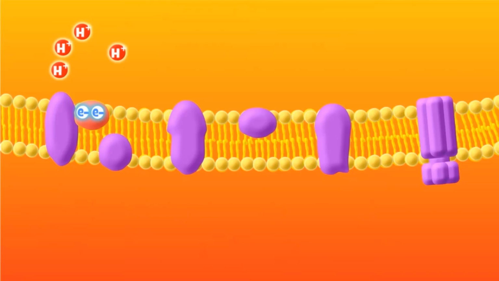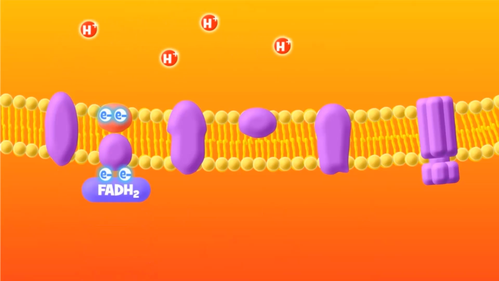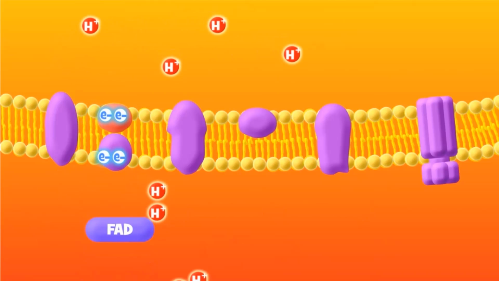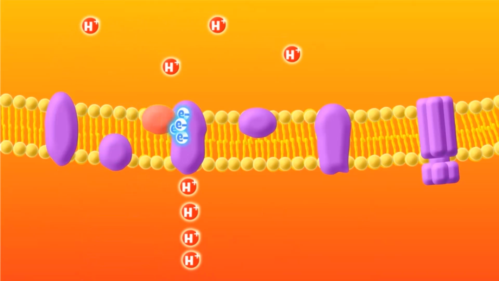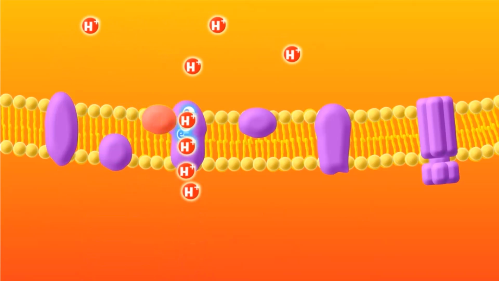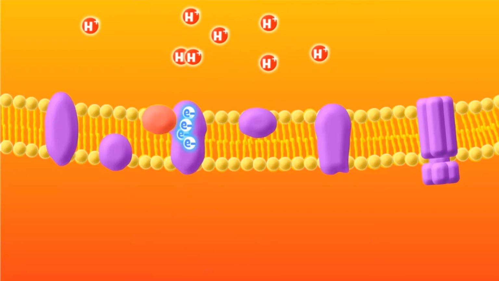The electrons are then transported by this special red molecule toward their next destination. The red molecule also picks up the electrons donated by FADH2, that other electron carrier that we made during the Krebs cycle. All of these electrons are then passed on to another protein complex. At this next protein complex, the electron energy is used once again to transport hydrogen ions across the membrane into the intermembrane space.